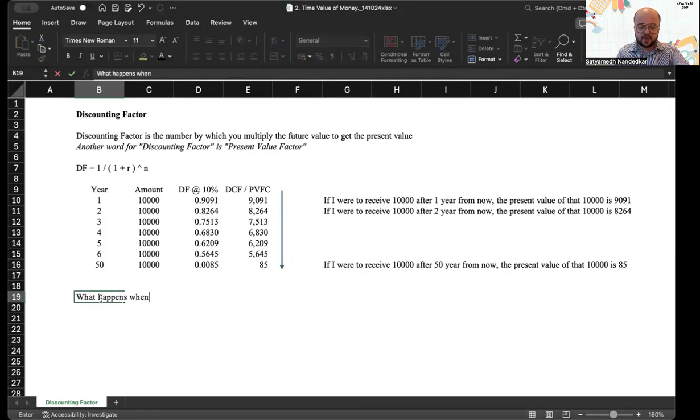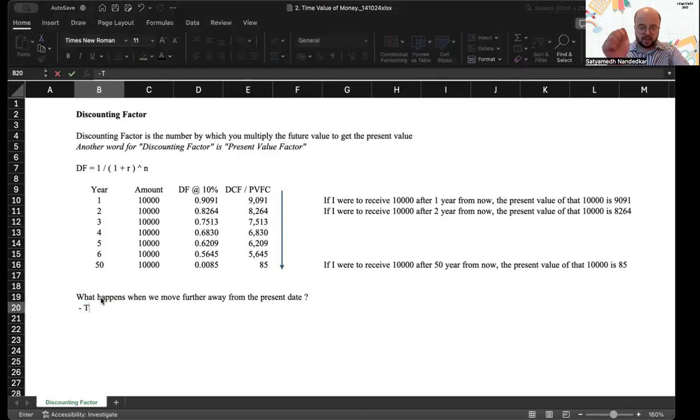So what happens when we move further away from the present date?